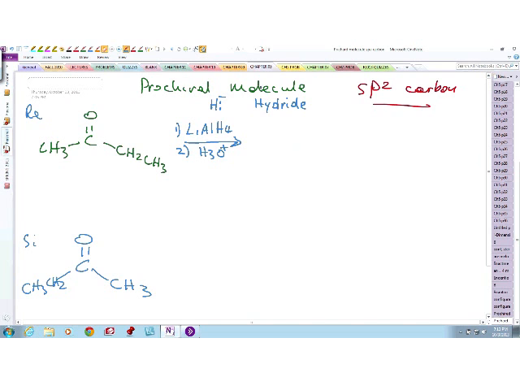Is the I there on purpose? Where? This here? This is the hydride. Oh, that is the name of this here. Oh, those are electrons. Okay, those are electrons.